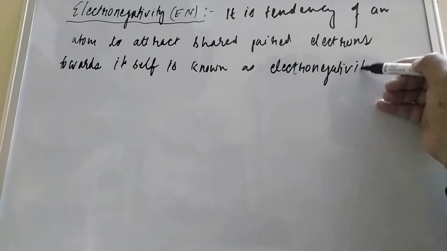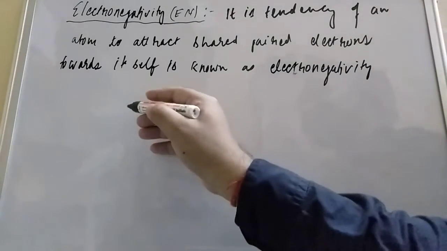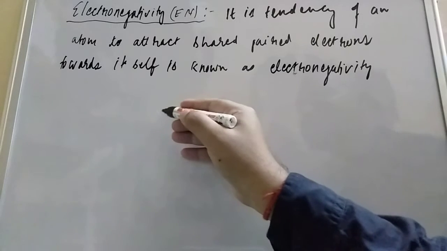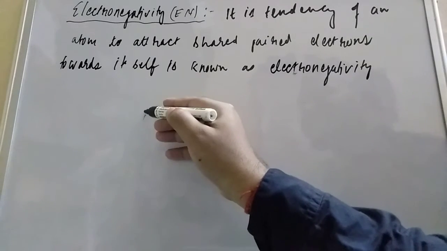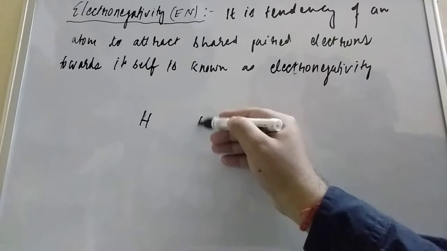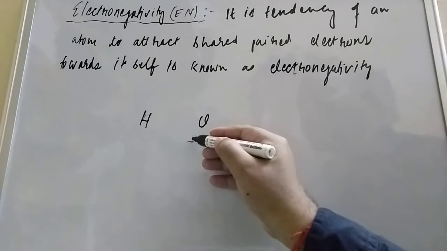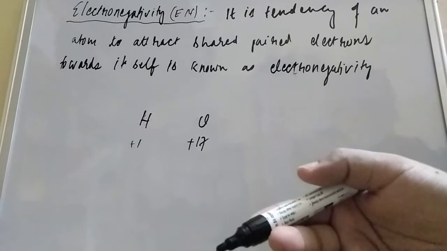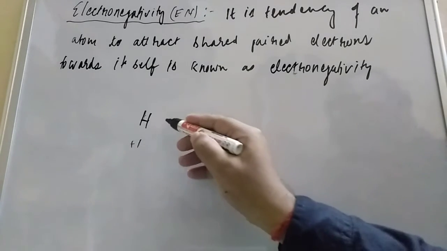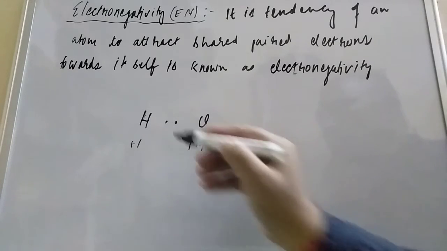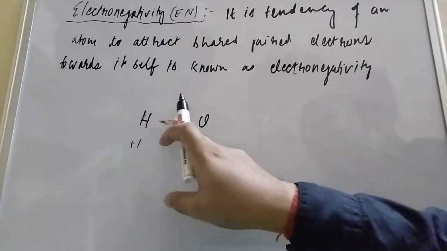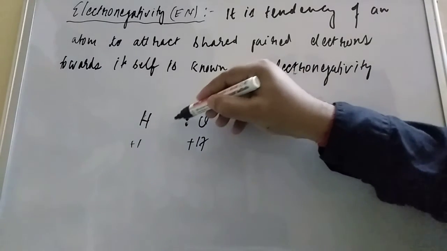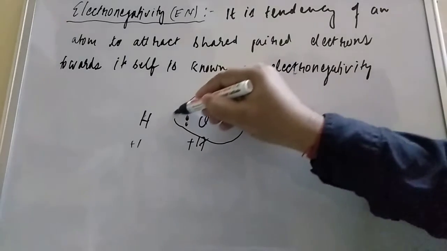Dear friend, try to understand this concept in a little more detail. Suppose you take any covalent compound, say HCl. Cl has a nuclear charge of plus 17 and hydrogen has plus 1. Opposite charges attract each other, so the 2 shared electrons will be attracted by the chlorine atom and come near to it.